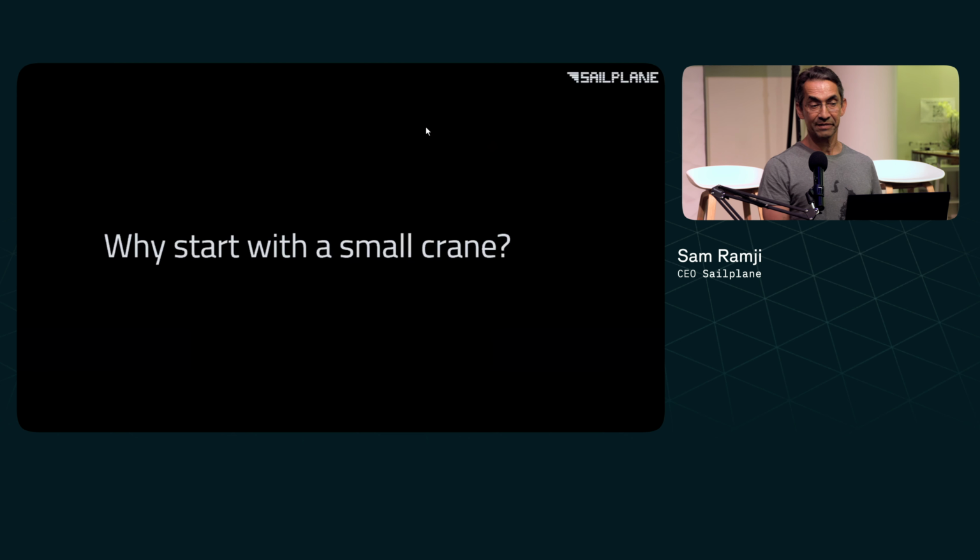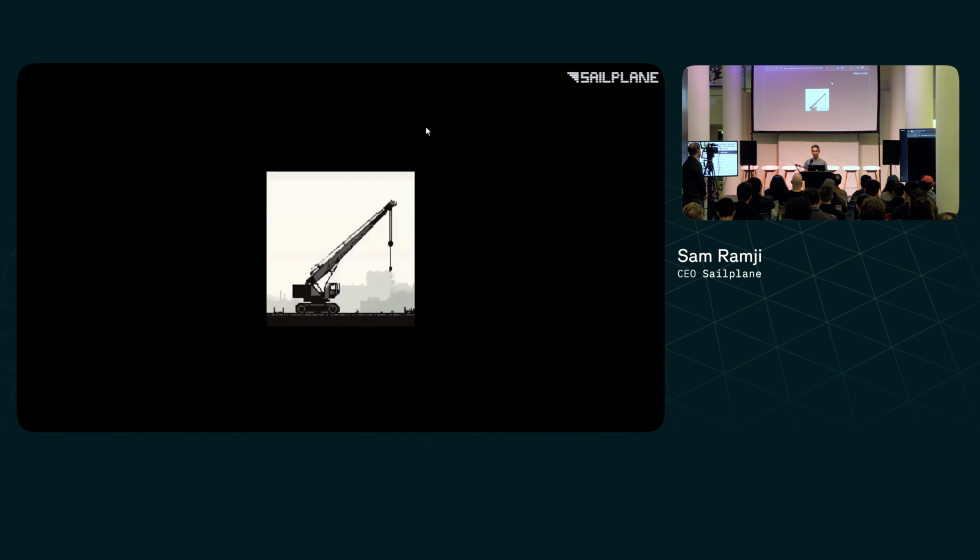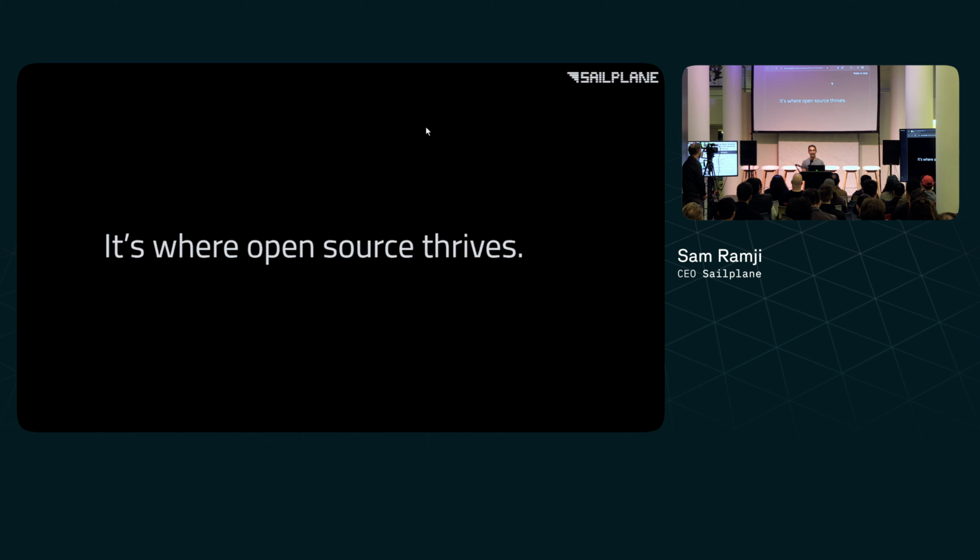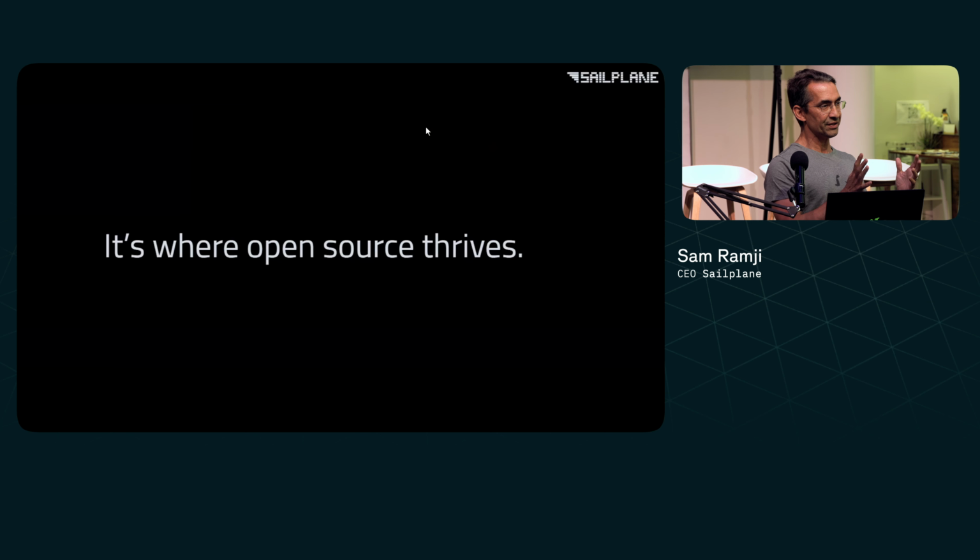So why start with a small crane? I mean, apart from the fact that small cranes are incredibly cute. It's where open source thrives. So the previous speaker just talked about the 8-node H100 80 gig box. I use those on GCP at Sailplane, and those are $1.50 a minute, $90 an hour, $2,000 a day, $60,000 a month, unless you get committed use discounts, and then who actually knows how long you're going to use that.